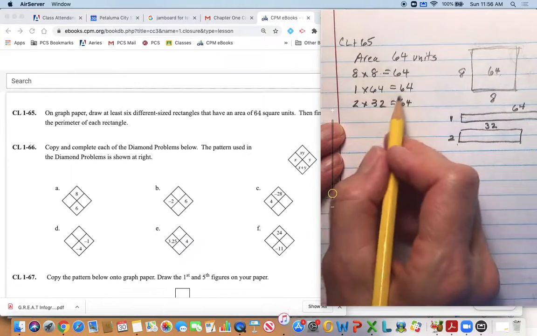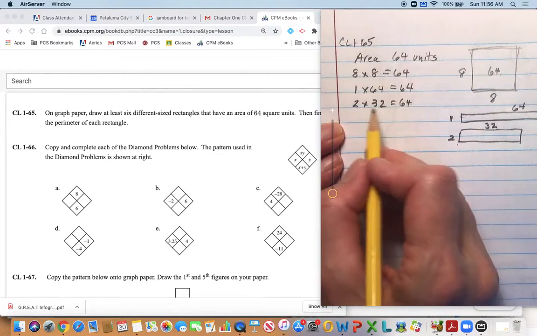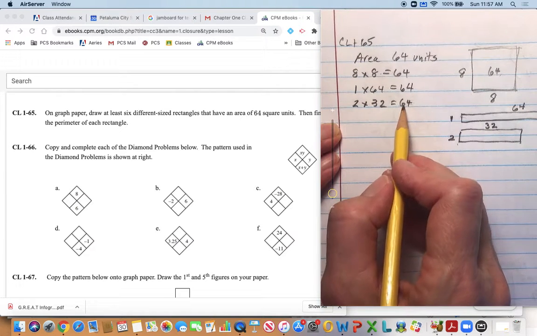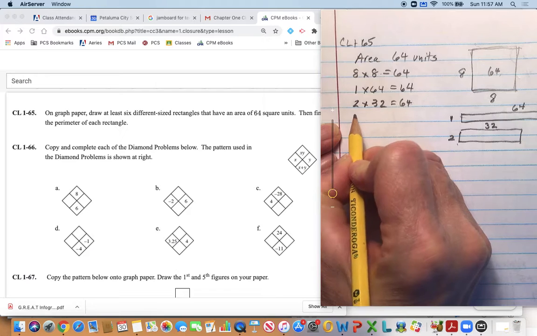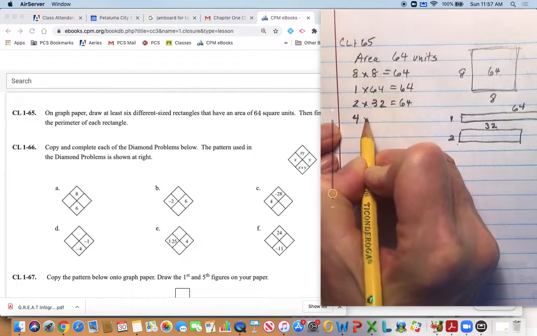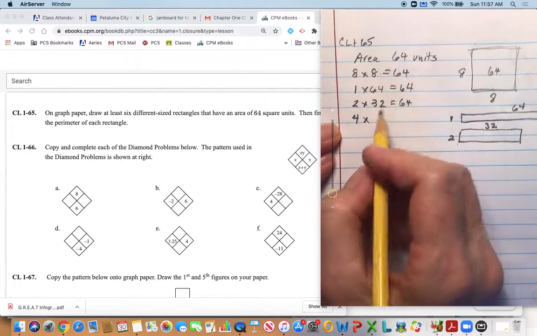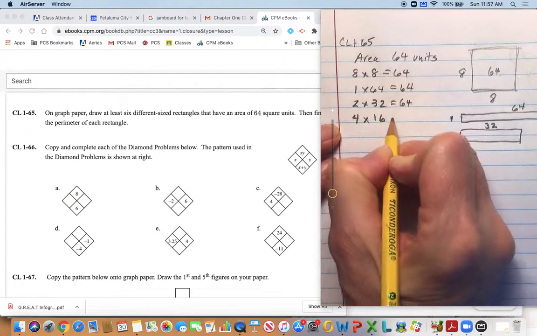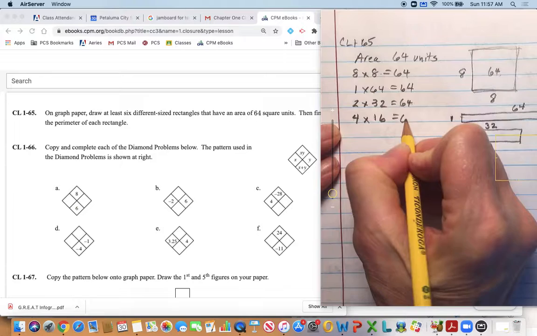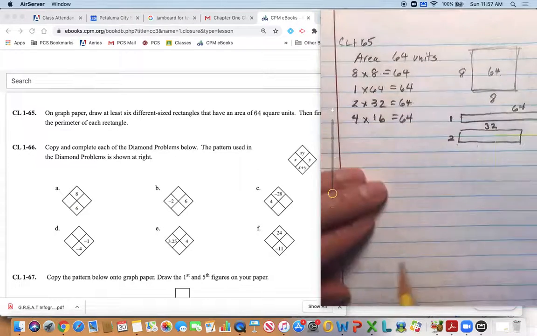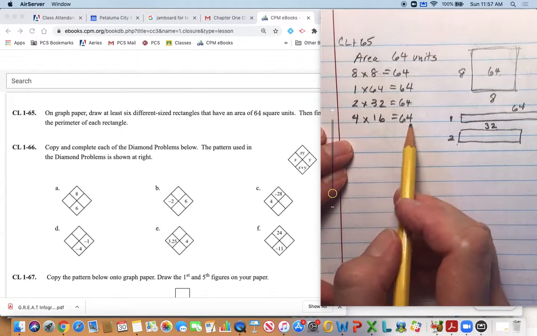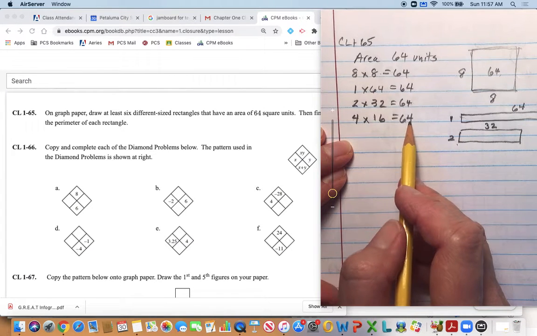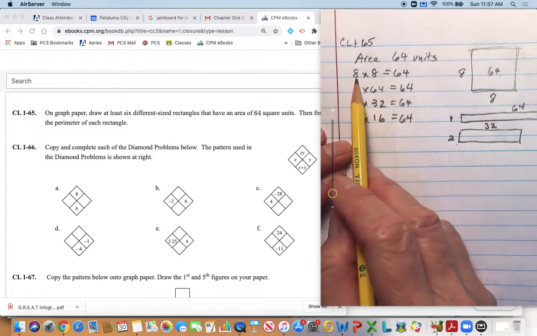And then let's see, does 3 divide into 64? No, it doesn't. 4, does 4 divide into 64? Well, actually it does. So 4 goes into 6 once with 2 left over, 24 left over. So that's 16. So we've got 4 times 16 equals 64. Okay, 5 doesn't divide in, 6 doesn't divide in, 7, no. And then we get back to 8.